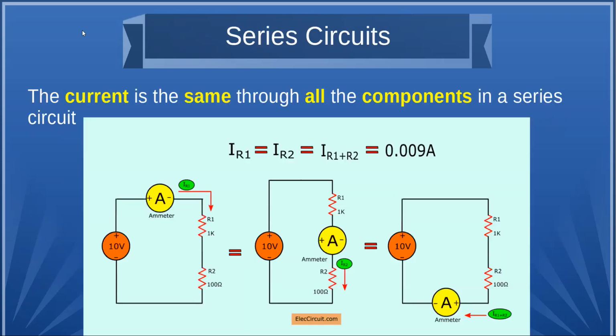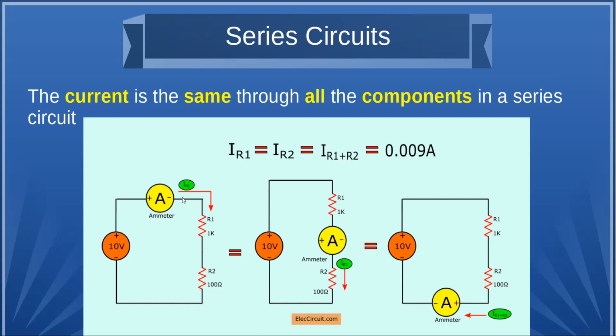Okay, so we start with a series circuit. In a series circuit, all the components are connected together in series, so there's one path through all the components. In this one, we're showing two resistors, a 100 ohm and a 1,000 ohm resistor. We have an ammeter in the circuit.